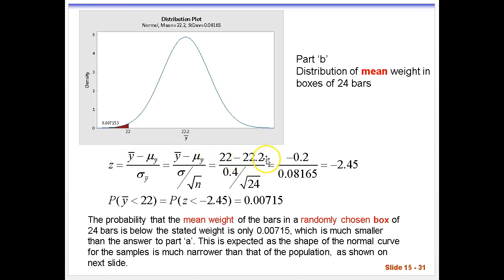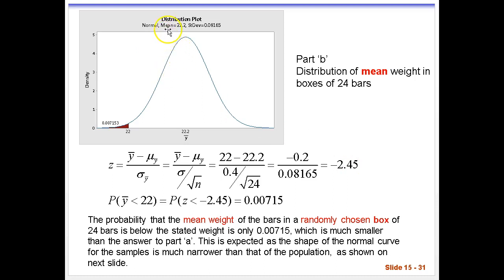The central limit theorem says the mean of my means is the same as the population mean, which is 22.2, and the standard deviation of all these means is given by sigma divided by the square root of n. Working all this out, I get a z-score of negative 2.45, and again, if I had to go to tables, I'd find all the area to the left of negative 2.45. Or I can go to Minitab.